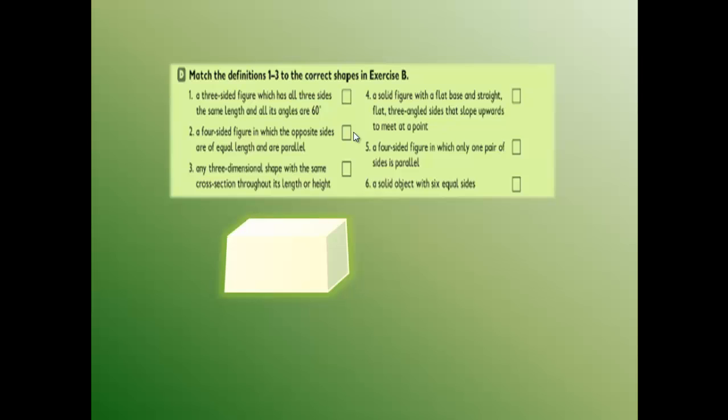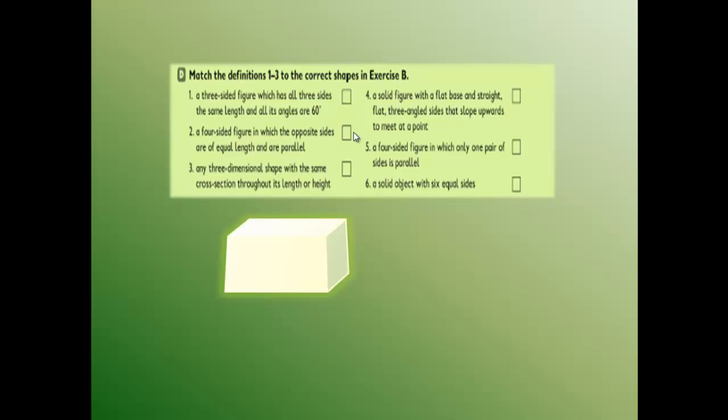Yes, here the meaning is number B, I mean parallelogram. Number C, any 3-dimensional shape with the same cross-section throughout its length or height. Here we are talking about a prism.